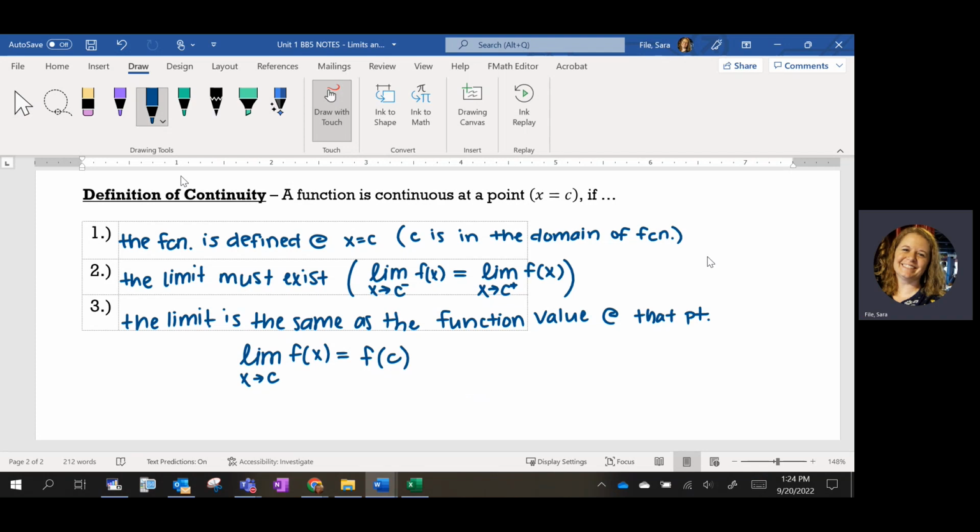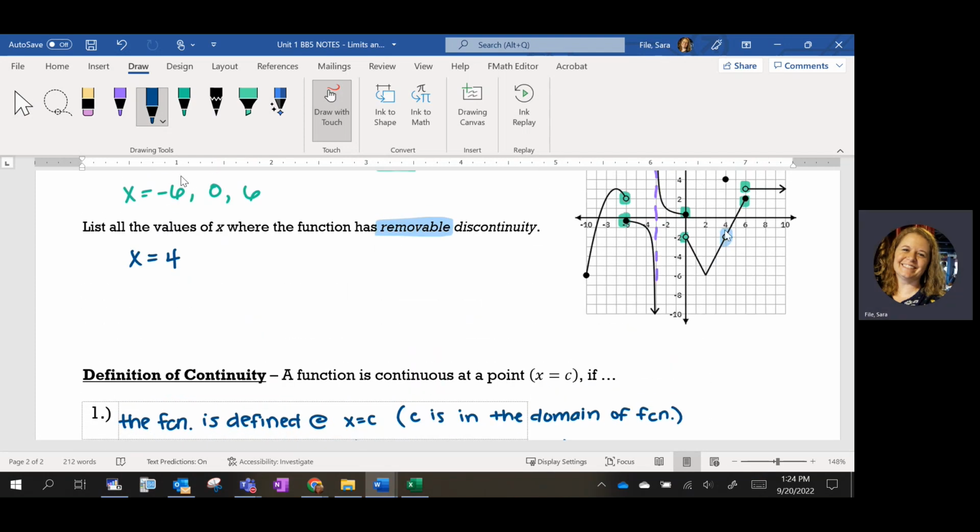So looking at this graph, like this point that's highlighted in blue, at x equals 4, does the function exist? Is 4 in the domain? It is, because there's a point up here where x is 4. So that meets the first condition. Is the limit from the left and from the right the same?